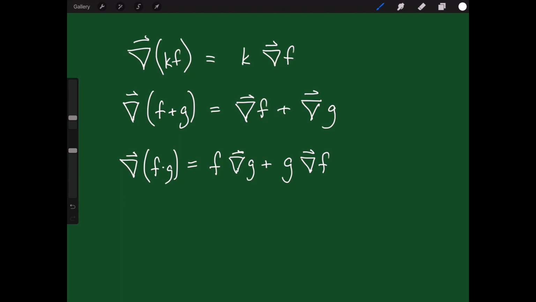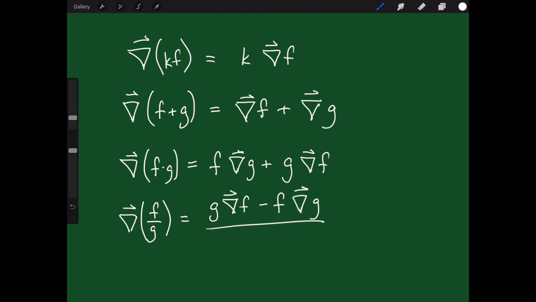And similarly, if we take the gradient of a quotient like f over g, then we also get kind of like a quotient rule. And we get that it's going to be g times the gradient of f minus f times the gradient of g, divided by g squared.